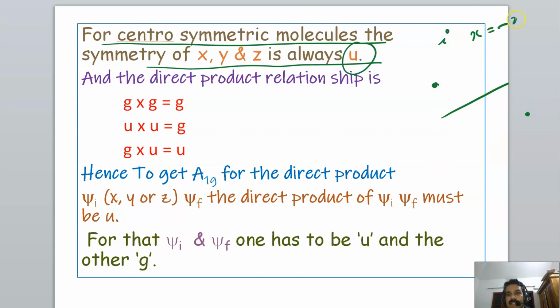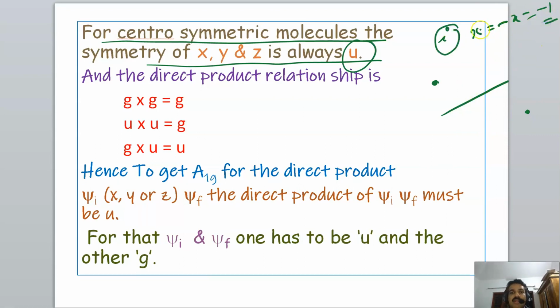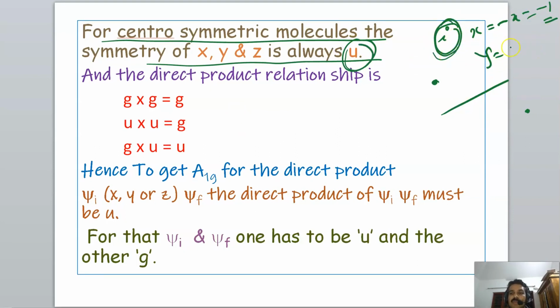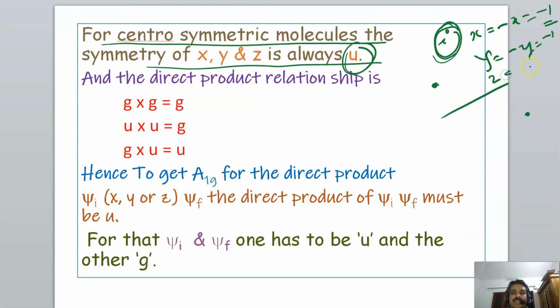So x becomes minus x, so the character is minus 1. When the character of i is equal to minus 1, then we use the subscript u. Similarly, in the case of y, during the operation of inversion center i, y becomes minus y, and the character will be minus 1. Similarly, z becomes minus z, therefore the character will be minus 1. So the symmetries of x, y, z are always u. This we have already studied.